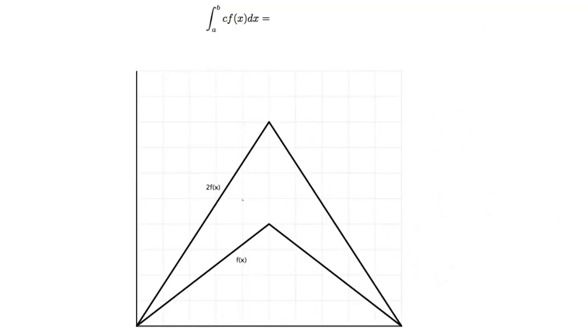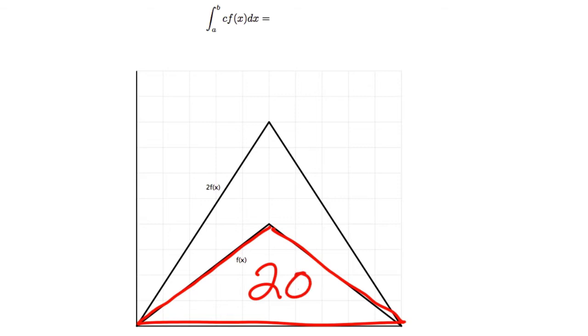Okay, so the second property is what happens when you're multiplying a constant times a function. And so here you have an example. This is your function. And the area of this first triangle right here is the base is 10, the height is 4, divided by 2, so the area of this is 20.